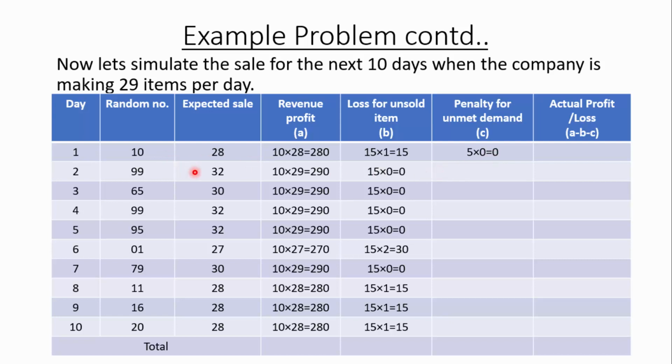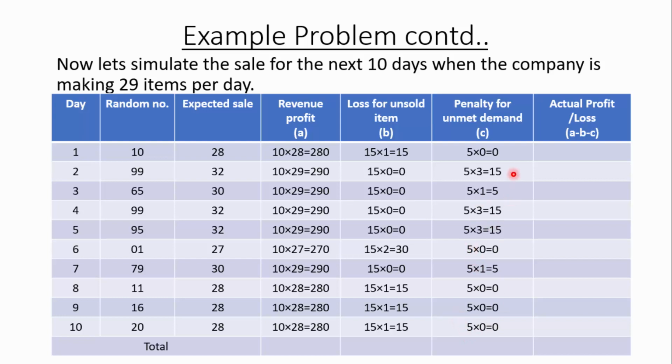Similarly, for day 2 we can see that the expected sale is 32 and the company makes 29 items per day. So here the company is able to provide 29 items where the expected sale is 32. So the unmet demand is 3 here and the value is 5 into 3, which is rupees 15. So there is a penalty of 15 here. In a similar manner, we will calculate the other values also. So these are the values we have calculated here.